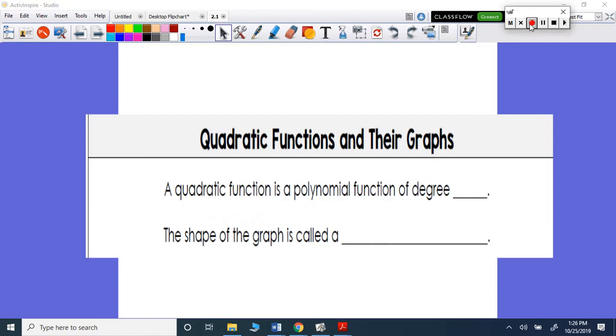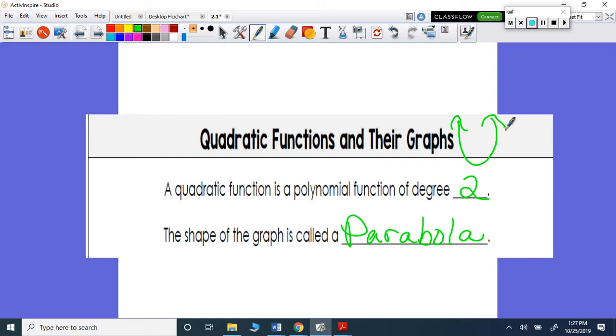With our quadratic functions, the fact that it's quadratic, hopefully you know we're dealing with a parabola. Degree 2. As soon as you hear quadratic, you think degree 2 and parabola. We opened up, we opened down.